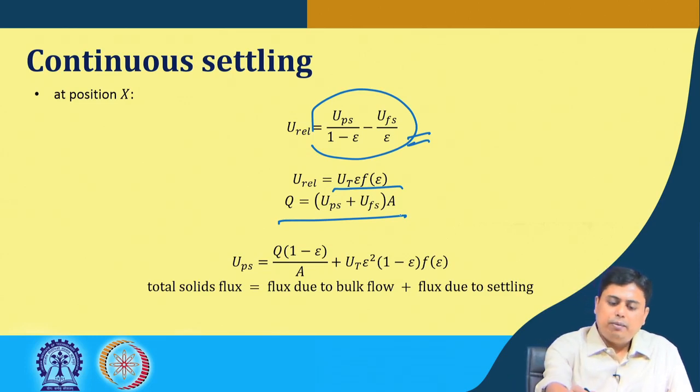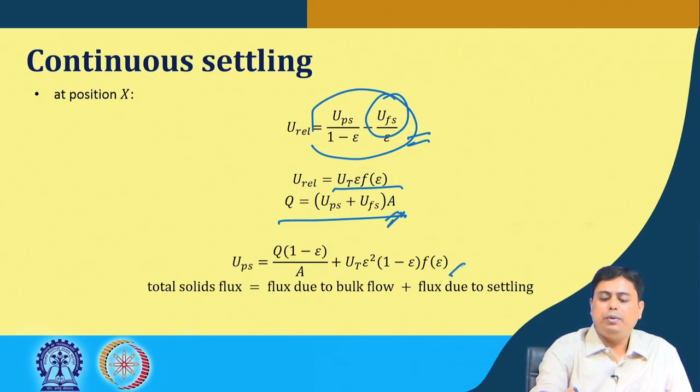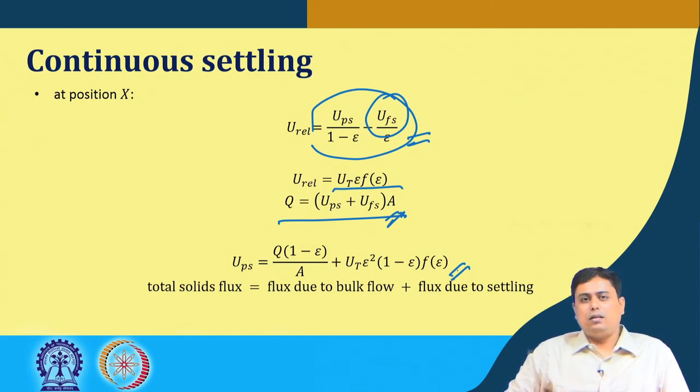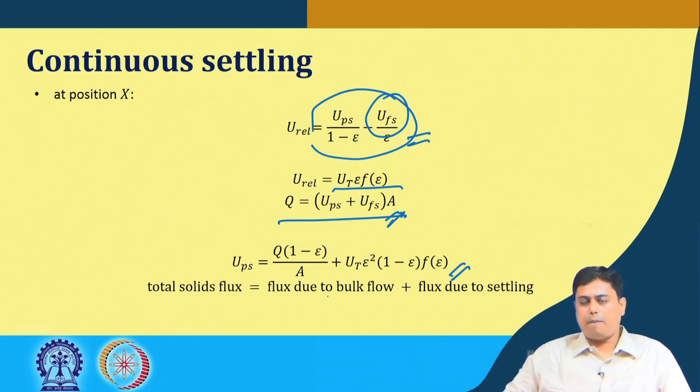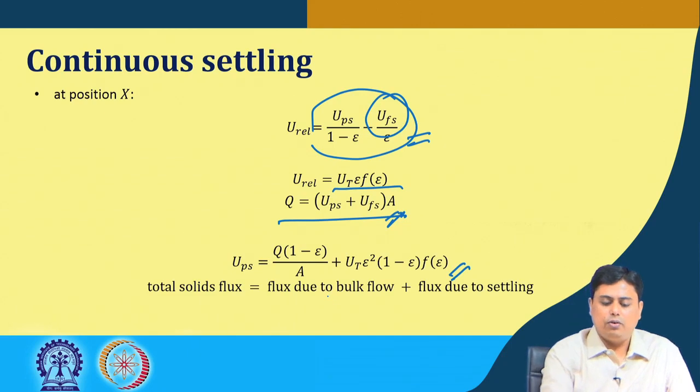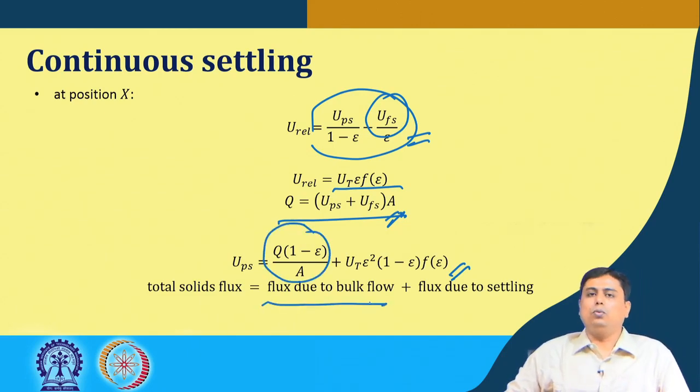And now if we replace this UFS from this expression, we get UPS, that is the total solid flux, consisting of two terms. The first term, if you observe carefully, is the flux due to the bulk flow, that is Q by A multiplied by the solids fraction.